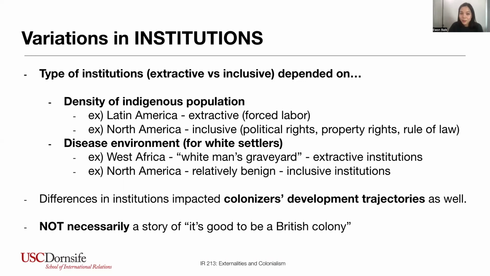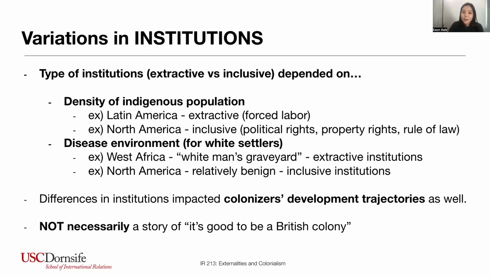So this is not to be overlooked. But the point is that the density of the indigenous populations and the mortality rates for white settlers, while they seem unrelated to today's economy, actually show a strong correlation. They help explain what kind of institutions were set in motion in these colonies, impacting long-term growth trajectories.